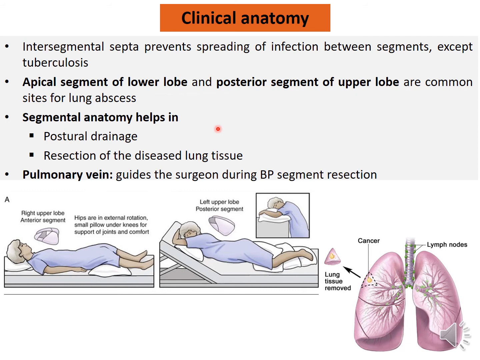While performing the surgical resection of the affected bronchopulmonary segment, the surgeon will work along with the pulmonary vein. In other words, the pulmonary vein position guides the surgeon while performing the surgical resection of a bronchopulmonary segment.